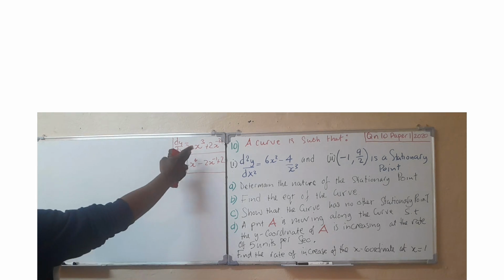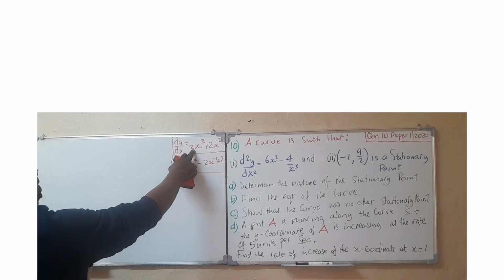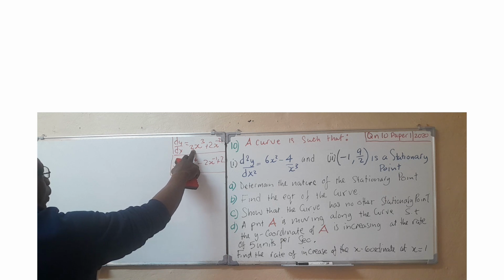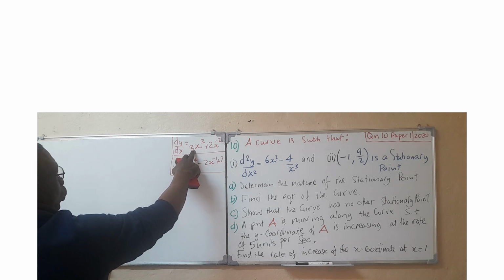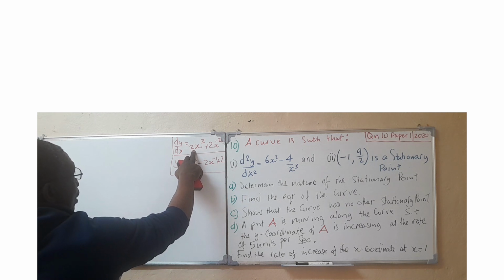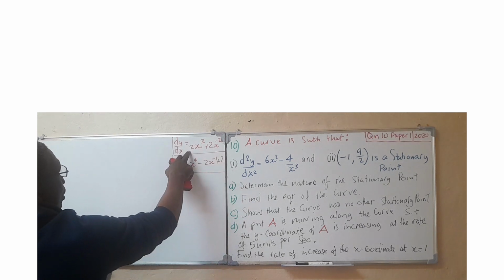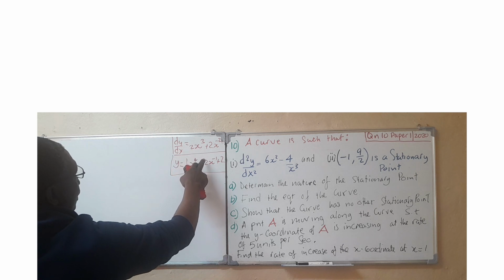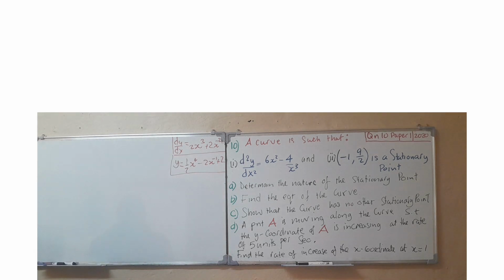So first of all, we have to equate this to 0 and find what values of x we get there. If we get 2 values for x, then we know that there are 2 stationary points. If we get 3, then there are 3 stationary points. If we get 1, then we have 1 stationary point. So let's find out what we get if we equate that to 0.